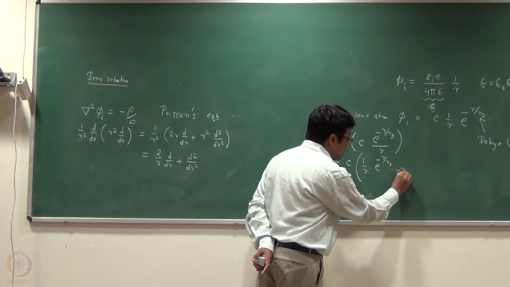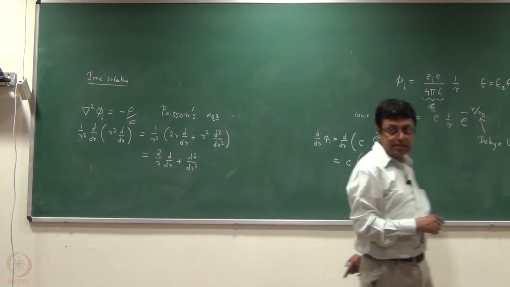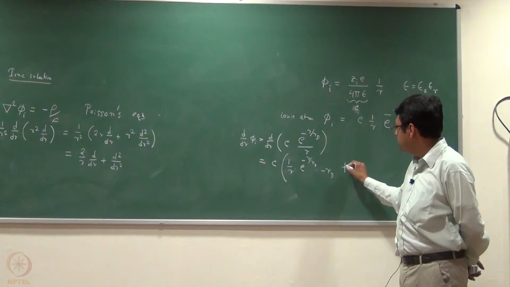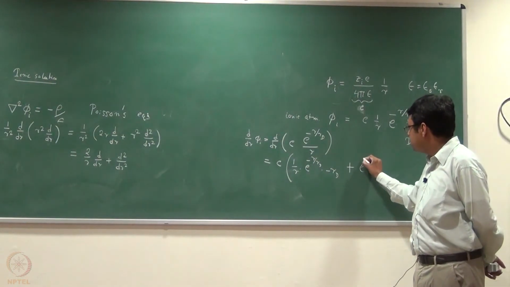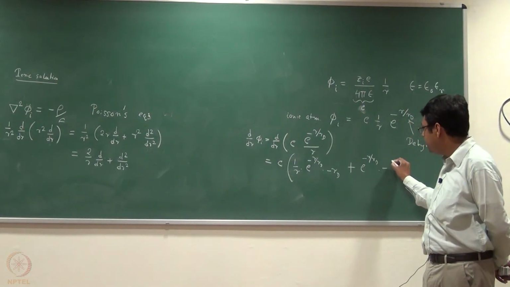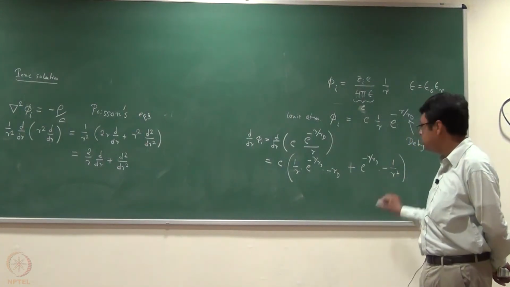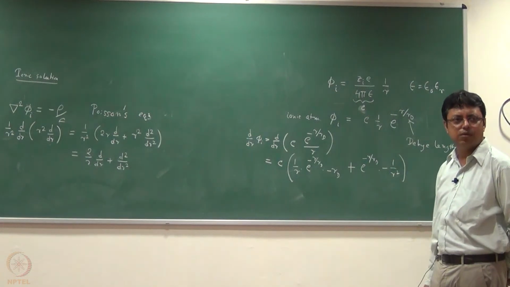So it will be minus rd. Clear? Now differentiate the second function. Second function was 1 by r basically. The first function was e to the power minus r by rd. Second function, if I differentiate, it will be minus 1 over r square. Clear? Just simple chain rule of differentiation.